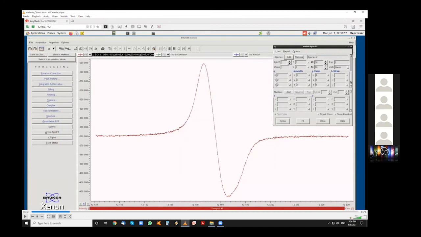So we will start our simulation, using this time 2 species, and we will set our values for the G factor and for the line width.